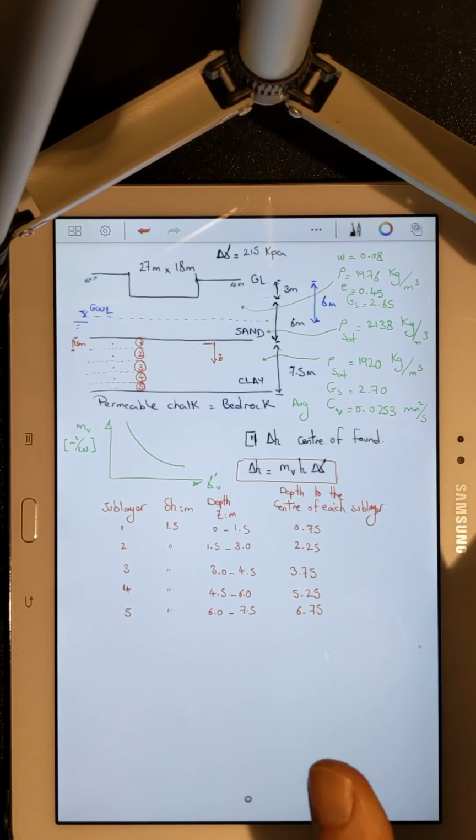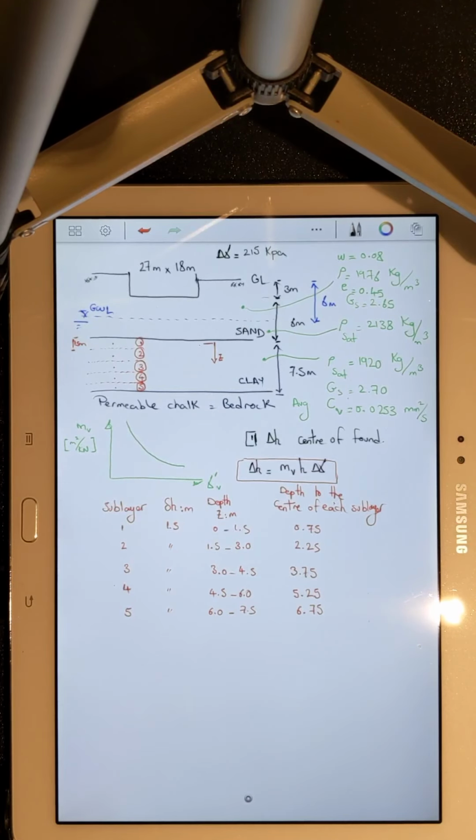So that is my strategy. It needs a little bit of long repetitive analysis, but that is what we are going to do. As an example, I will do the analysis for sublayer 1.